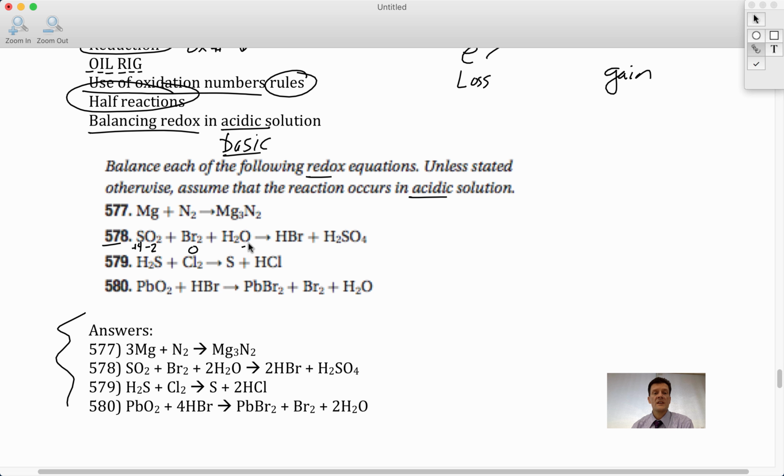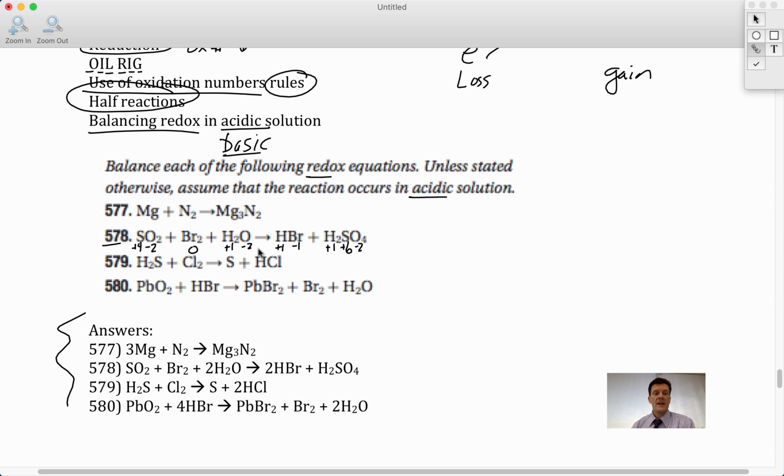H2O, O is a -2, H is a +1. HBr, H is a +1, so Br must be a -1. And H is a +1, there are 2 of them. O is a -2, there are 4 of them. So that S right there is going to be, I believe, a 6, if I'm not mistaken. Okay?